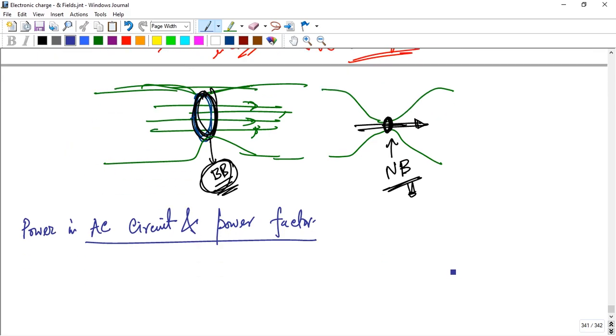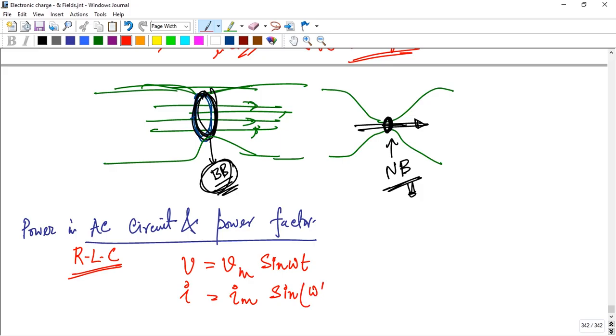So here, power in an AC circuit, or actually here it is power in an RLC circuit. Here we know that V is Vm sine omega t, and the current I is Im, the maximum current, sine of omega t plus phi.